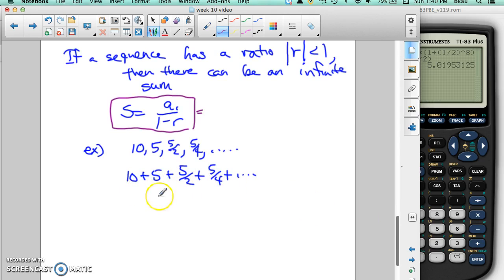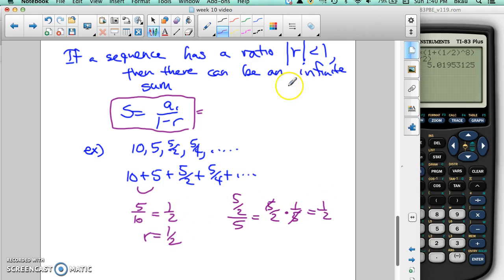This one here, we're adding things up. Our ratio here is 5 divided by 10, which is 1/2. And we can double check that if we take the next term. 5/2 divided by 5 is 5/2 times 1/5. And we would reduce, and we get 1/2 again. So our ratio is 1/2, which is meeting this criteria, that's less than 1.